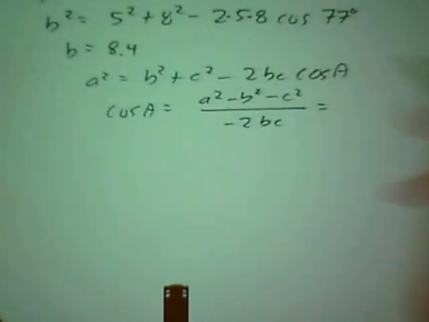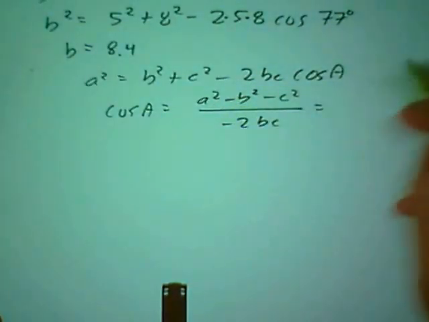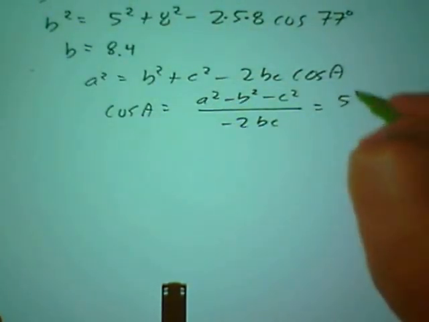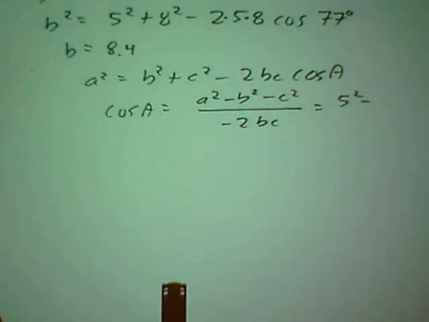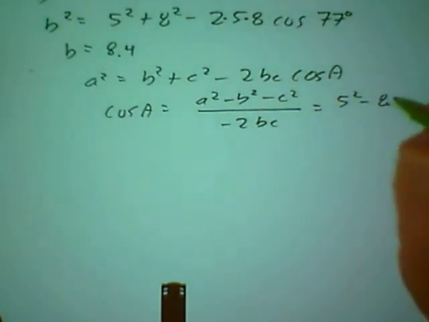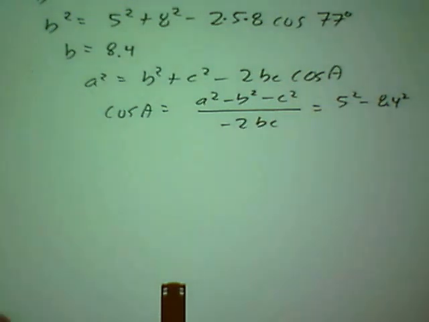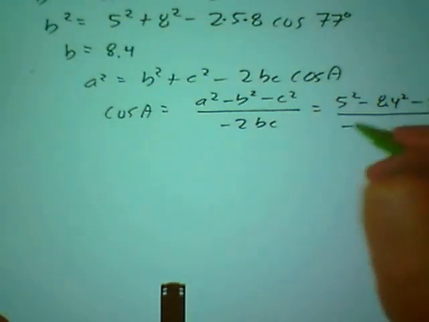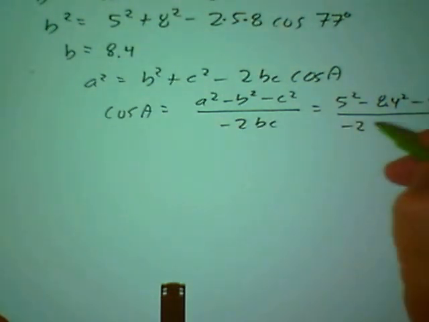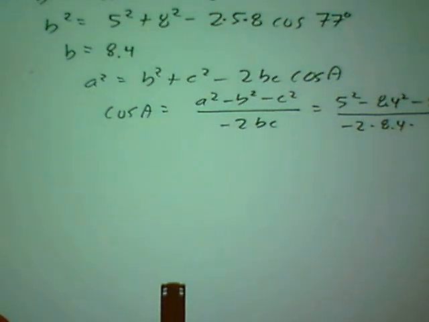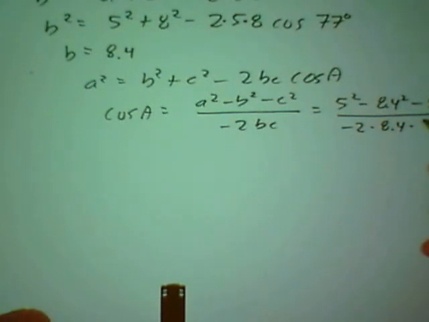So I plug all the numbers in. A is 5, so 5 squared minus b is 8.4 squared minus c, which is 8 squared, all over negative 2 times b, which is 8.4 times c, which is 8.